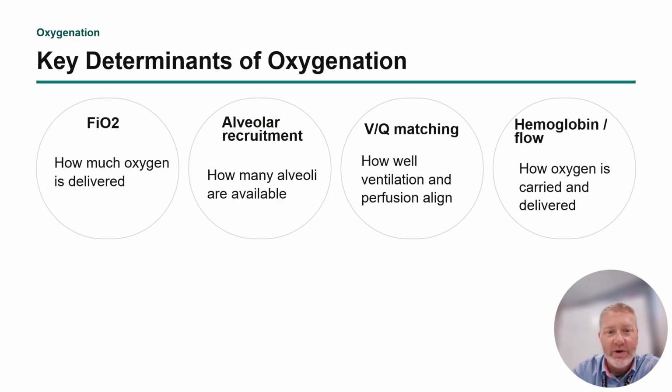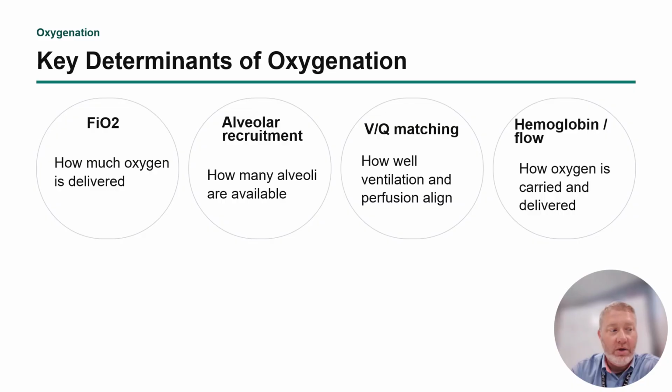So we need adequate FiO2, the fraction of inspired oxygen, or the percentage of the oxygen being delivered. We need recruited open alveoli to be able to accept that oxygen and help transport it into the bloodstream.